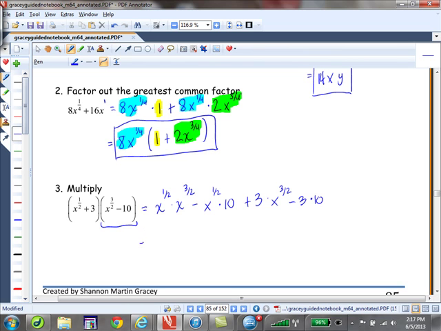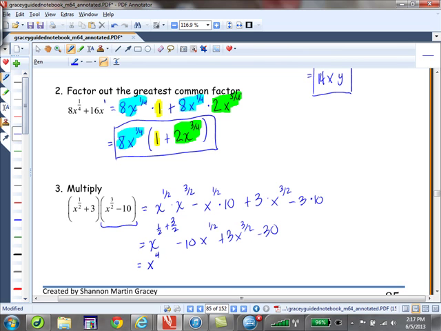So we will have x to the 1/2 plus 3 halves minus, I'll just put the constant first, I'll commute these terms, 10x to the 1 half plus 3x to the 3 halves minus 30.